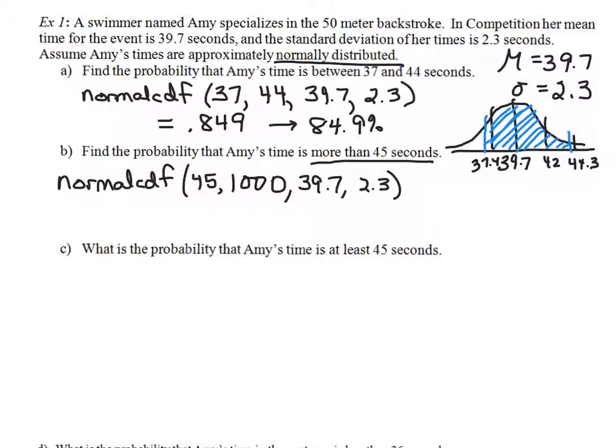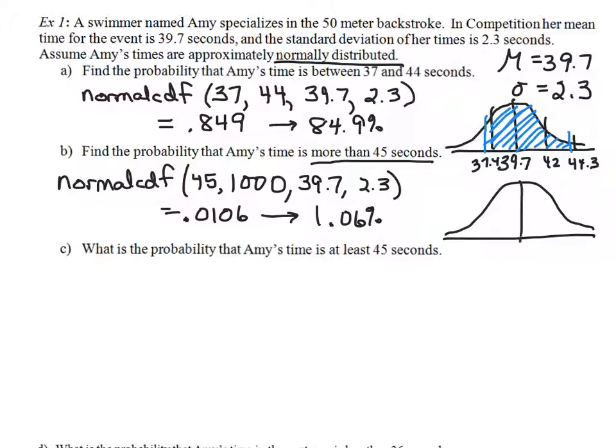Entering that into my graphing calculator, I'm getting the decimal 0.0106. So that's going to give me the percent, 1.06%. And again, if you think about what this would look like on our normal bell curve, here's my 39.7.